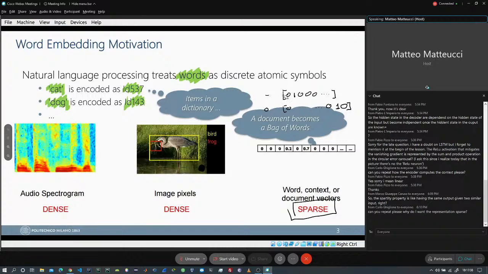Now, for those of you that have done either data mining or text mining or some text processing and classification, you probably know what the bag of word is. Bag of word means that you treat any word in an independent manner. And so basically a text is encoded by a vector which is as long as the vocabulary, and it has a 1 if the word corresponding to the word in the vocabulary is present.